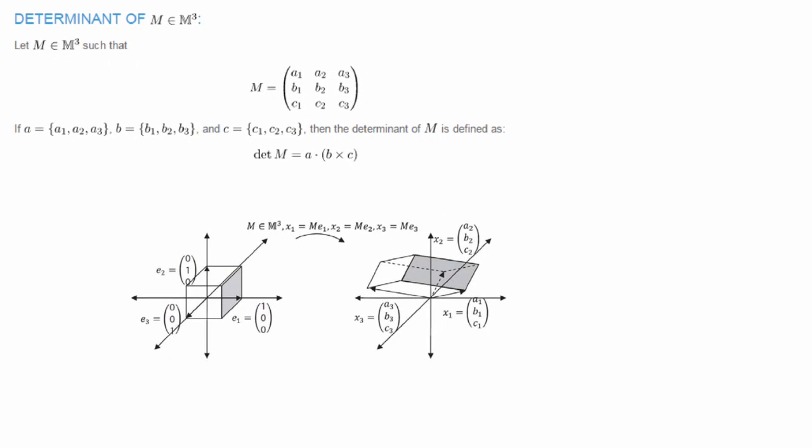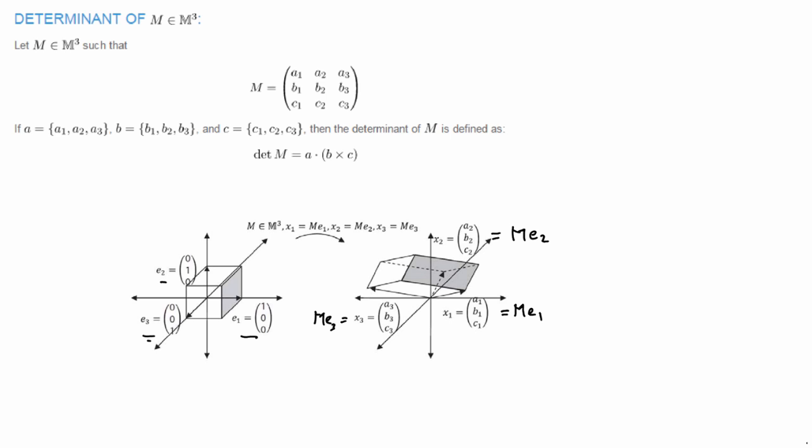The determinant of M gives me a geometric measure. If I have the 3 vectors E1, E2, and E3, and I multiply the space by M, then I get x1, which is equal to M E1, x2, which is equal to M E2, x3, which is equal to M E3.